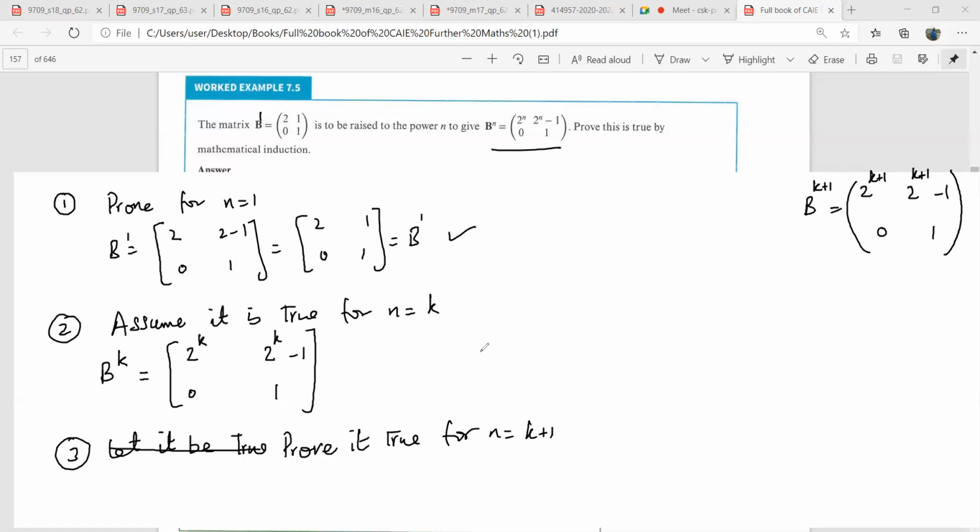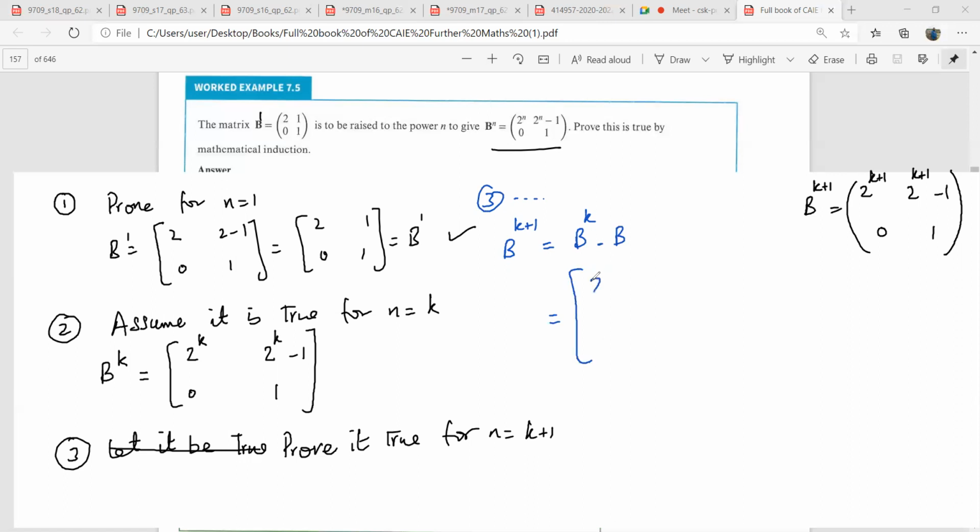So now this B raised to power k plus 1, let me change the color so that you don't get confused. This is my third step being continued here. So B raised to power k plus 1 actually means B raised to power k times B. So I'll be taking B raised to power k from here.